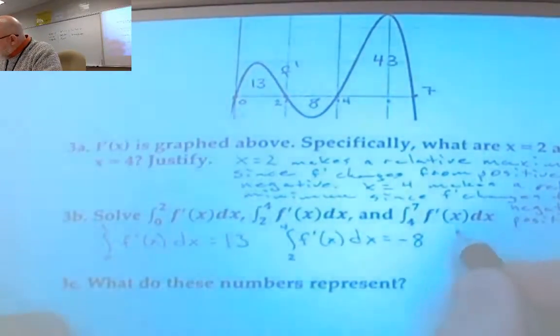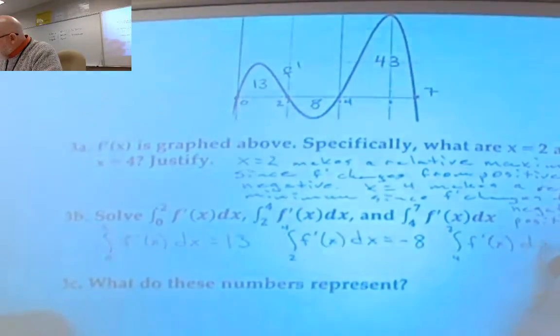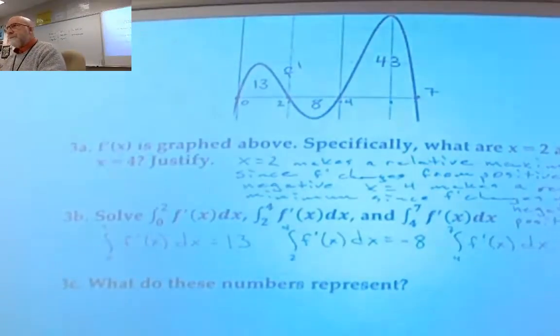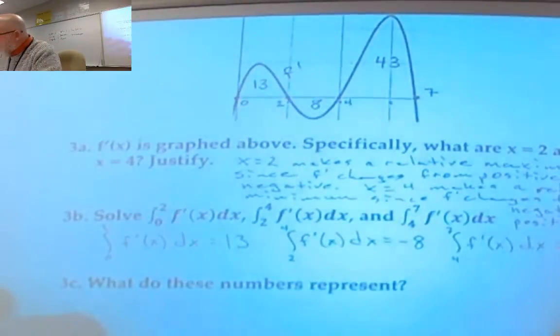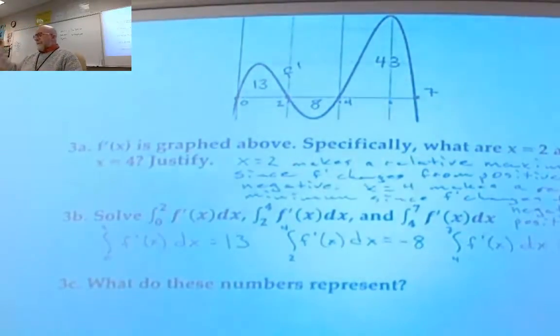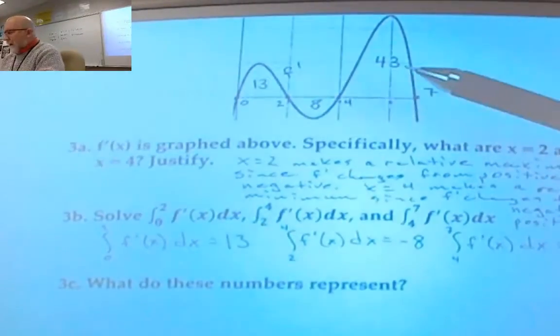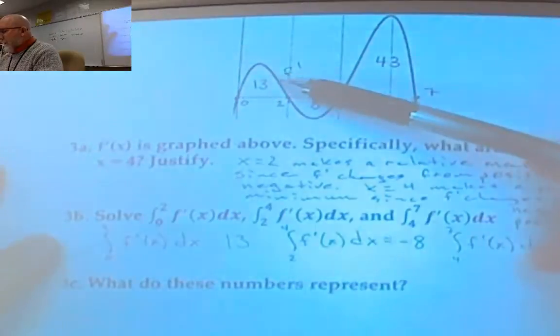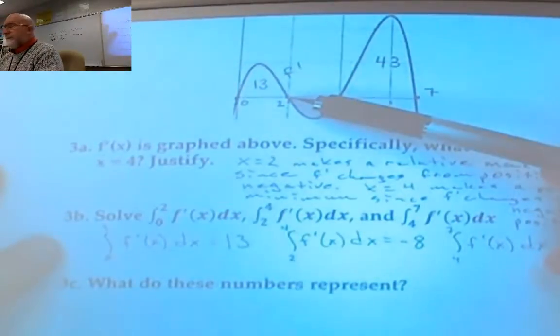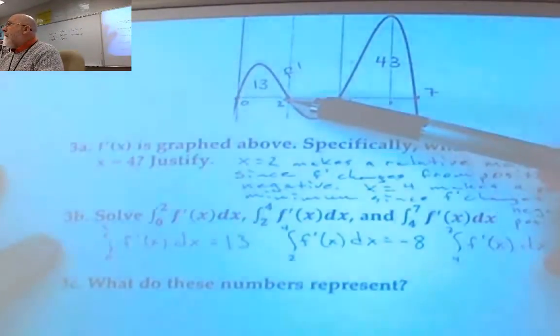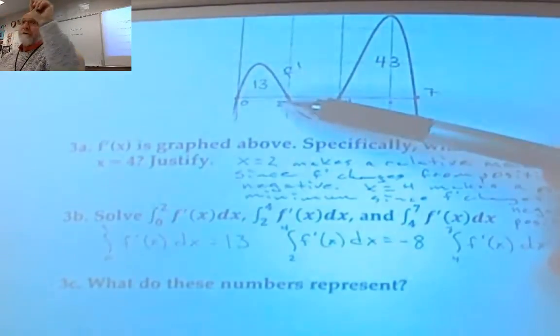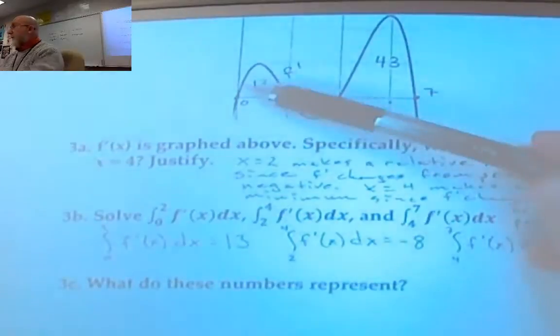Nick? From 4 to 7, the integral of f prime of x dx equals 43. All right, so f increases to 2. Remember, f is the antiderivative because this is f prime.